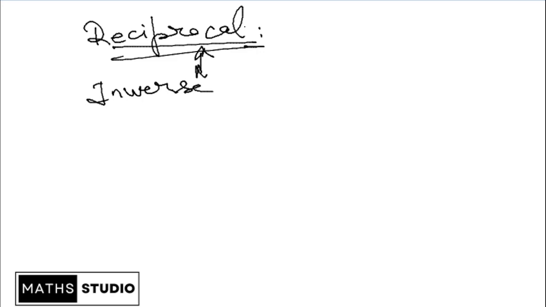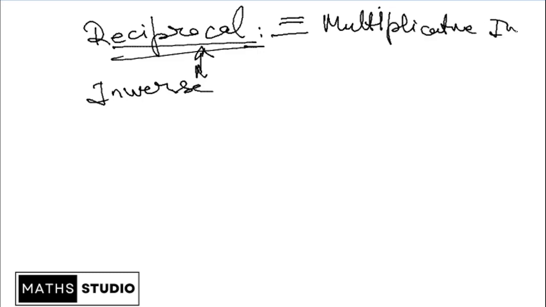In additive inverse, we change the sign, and in multiplicative inverse, we invert the numerator and denominator. So reciprocal is actually not exactly the same as inverse. Reciprocal is equivalent to multiplicative inverse. So reciprocal is not equal to additive inverse. Remember this one.